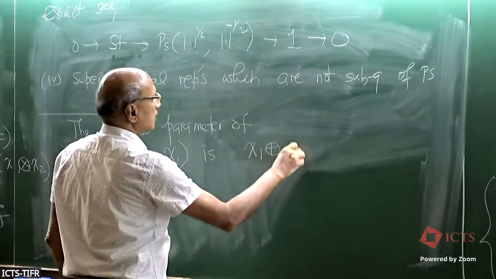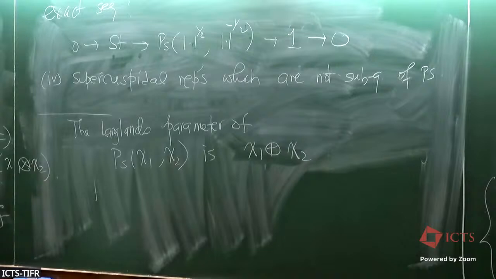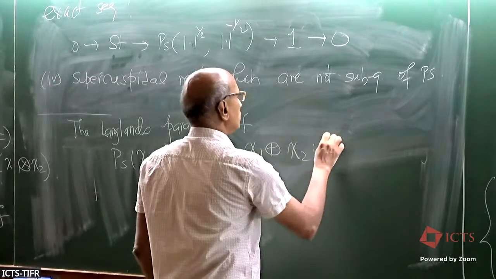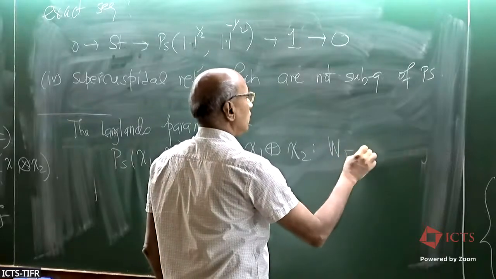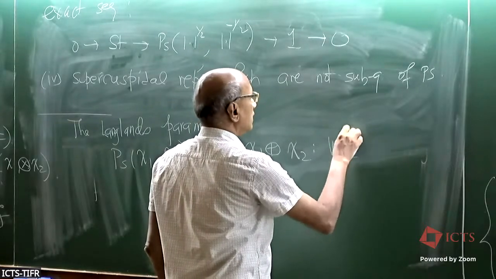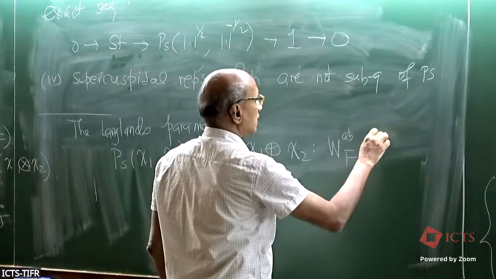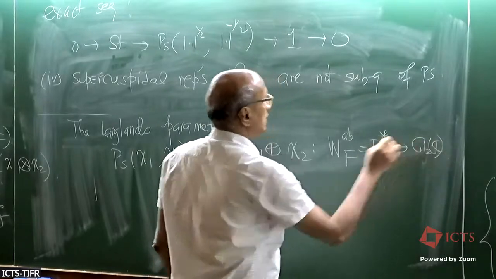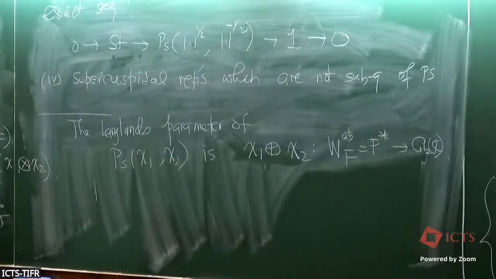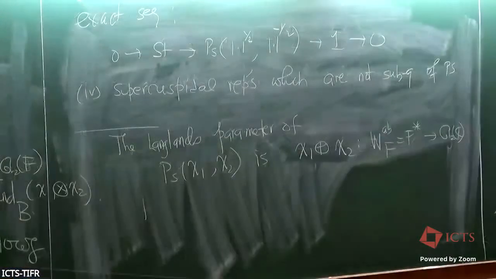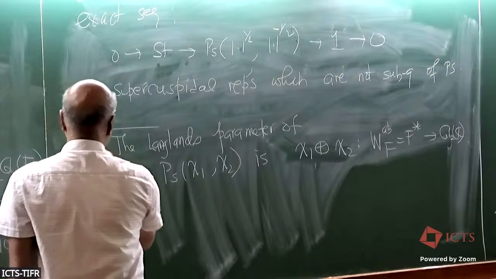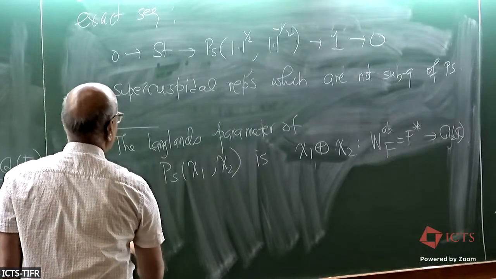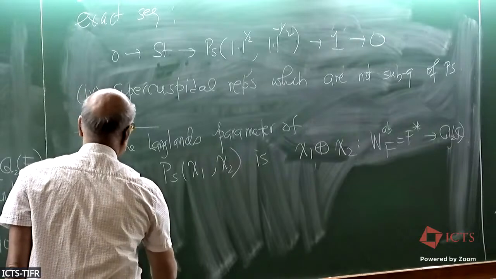So this is a two-dimensional representation, and this is chi1 plus chi2, which you can treat as a mapping from W_F abelian, which is F star, to GL_2(C), given by those two characters. And let's not worry too much about the Steinberg and the supercuspidal.